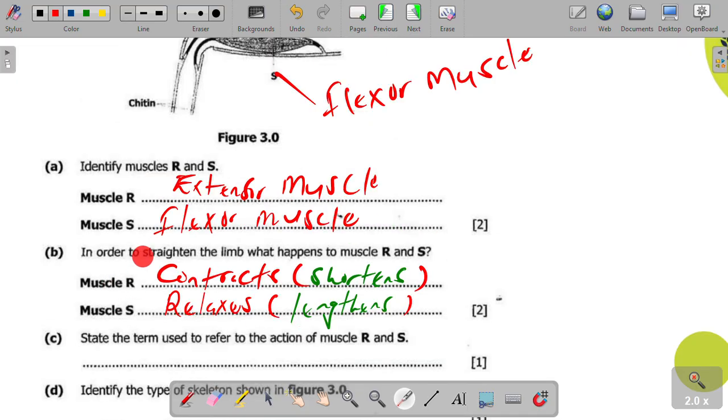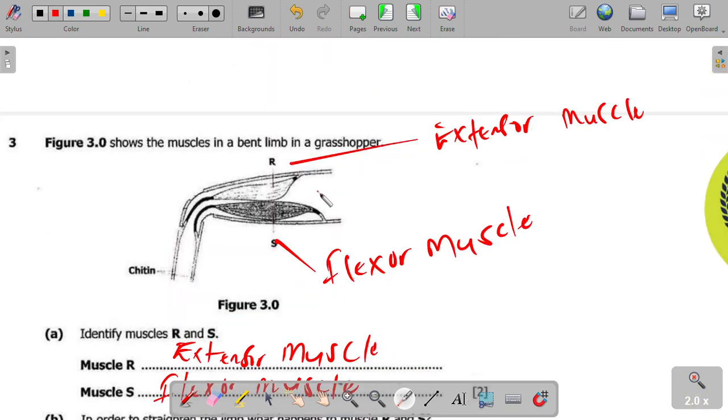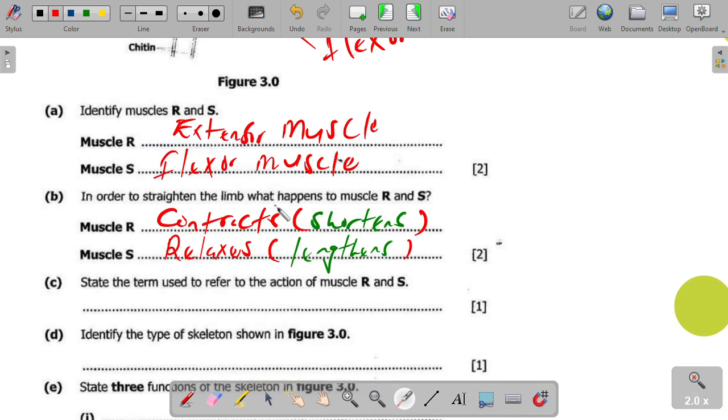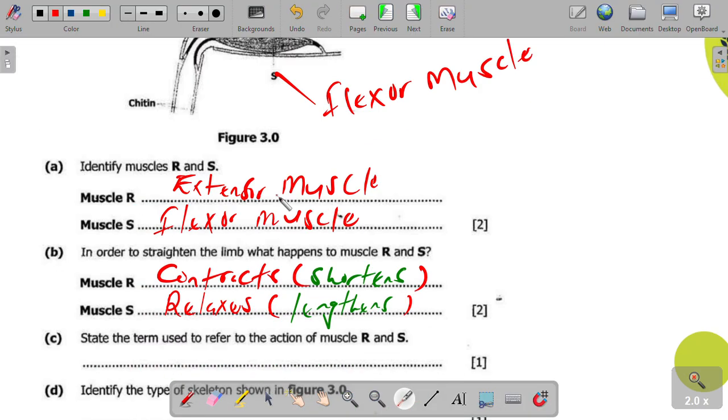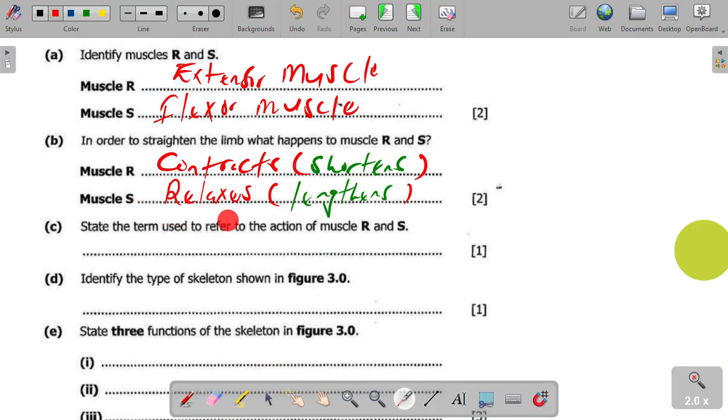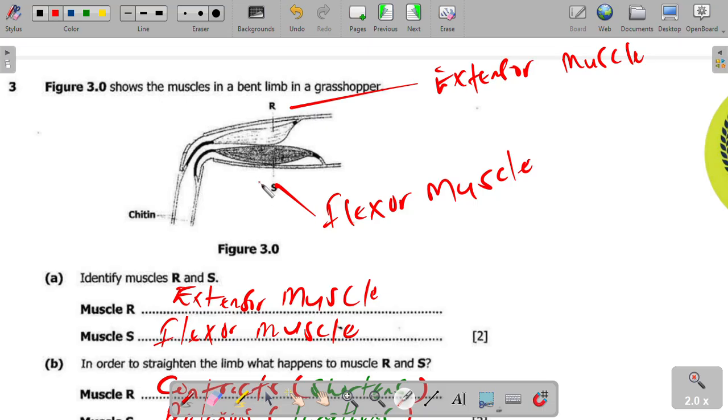Now pay particular attention here. Muscle R, the extensor muscle, shortens. And then muscle S relaxes. I hope you're copying notes and paying attention.